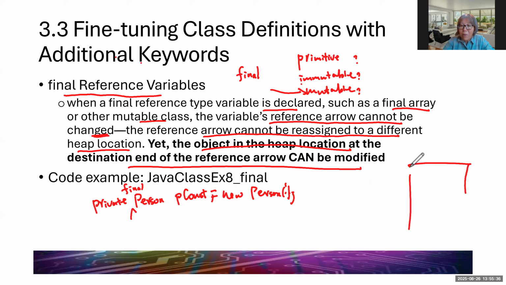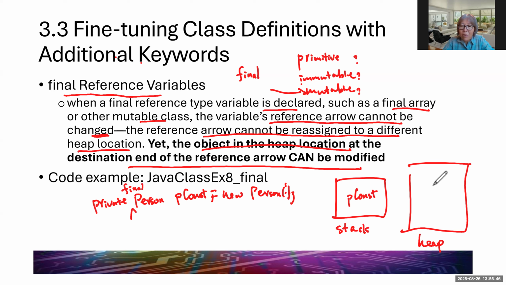What will happen is, here is the heap memory and here is the stack memory. This P constant is a block of memory that's created, and it will point to this block of memory on the heap. Suppose the name is default and age is 1, something like that.